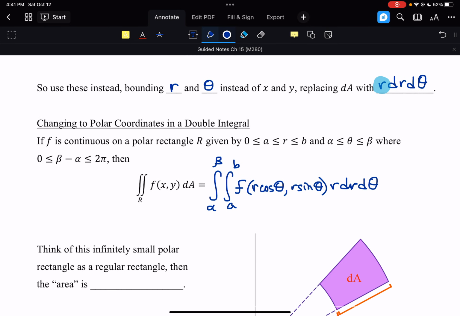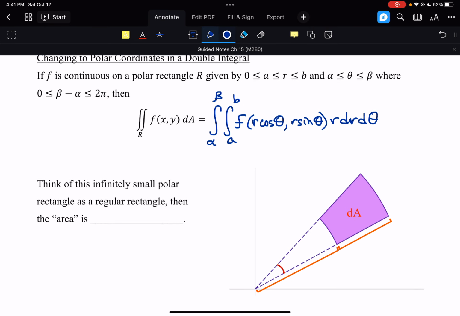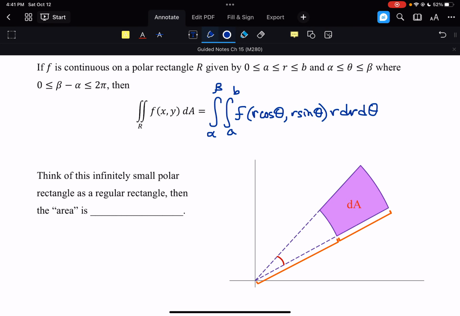So in terms of these polar rectangles, these polar regions, I have a little sample right here. Basically, if we're looking at the area, the dA right here, that's the shaded polar region.